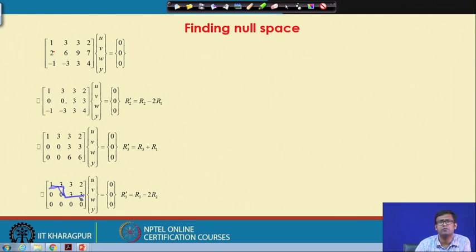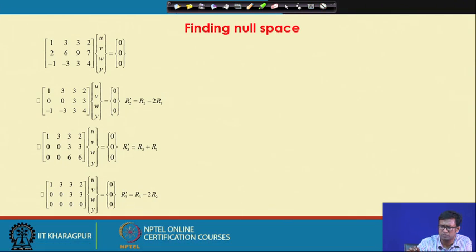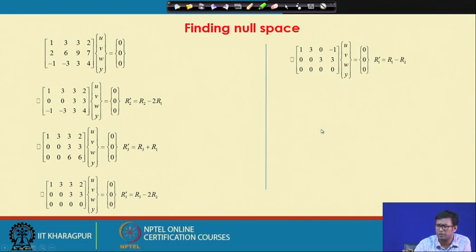This is not a reduced echelon form. So, what do I have to do? I have to divide this row by 3, and this row already has the pivot as 1. Also, if this is the pivot term, the terms above it will be eliminated.